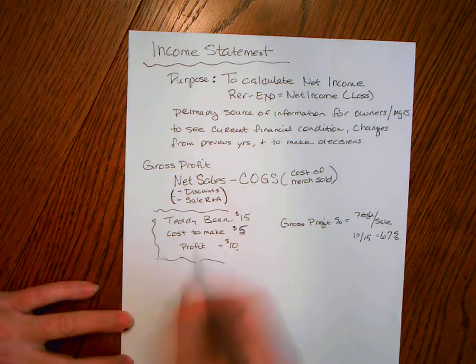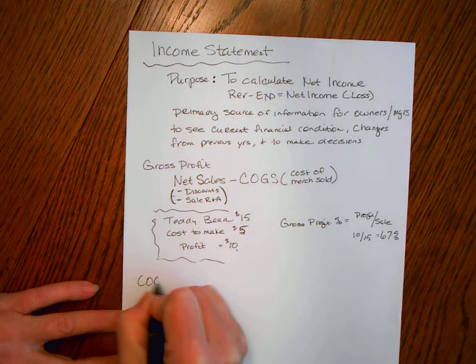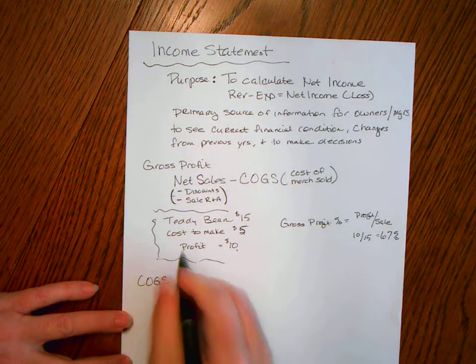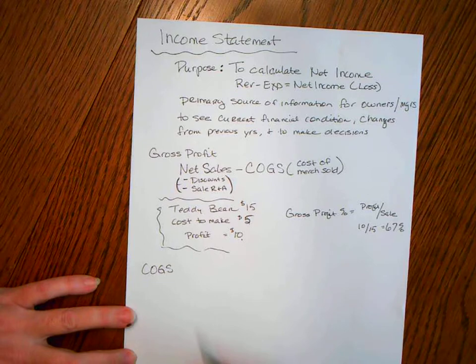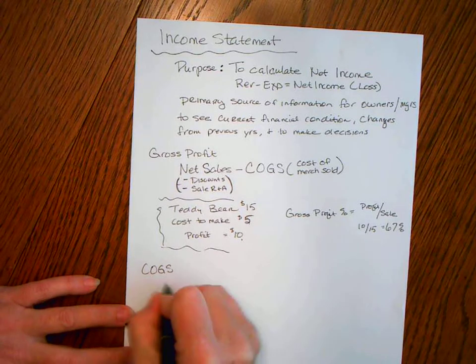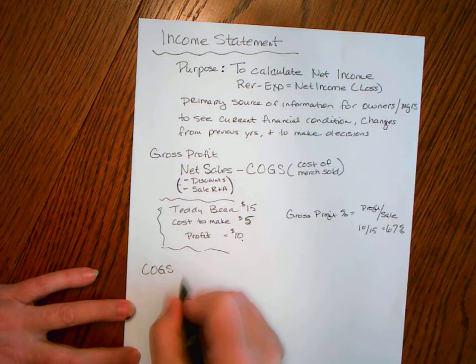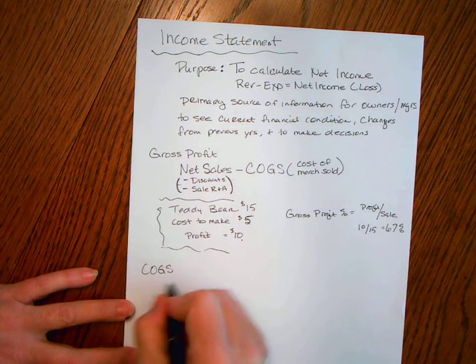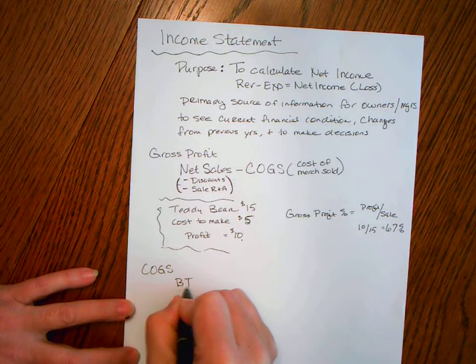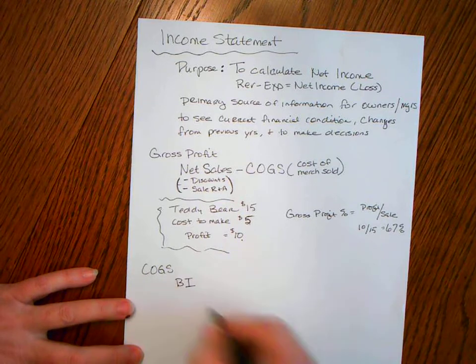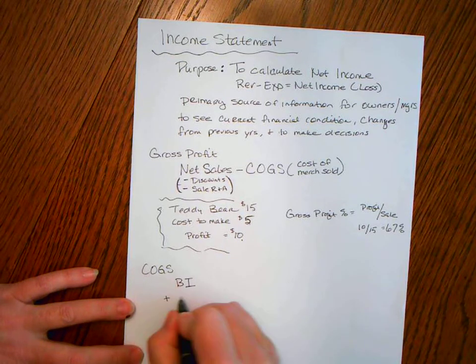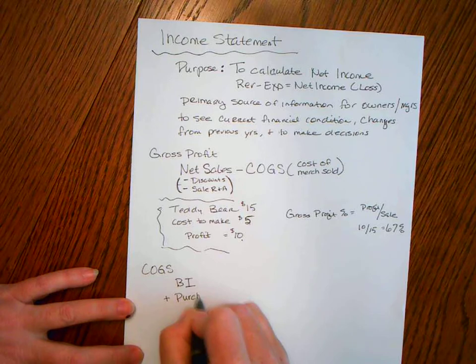Okay, so to figure out cost of goods sold, what we're going to do is take beginning inventory plus purchases.